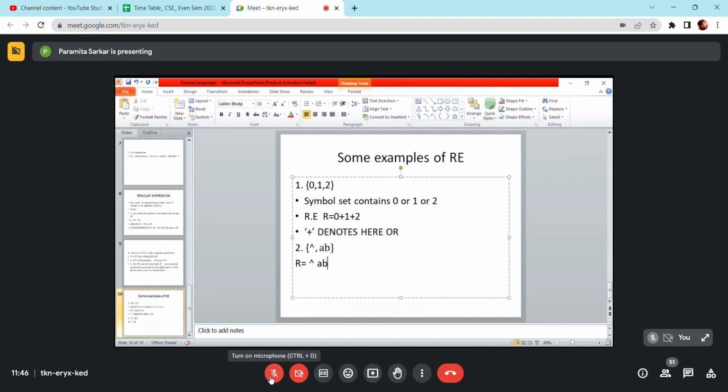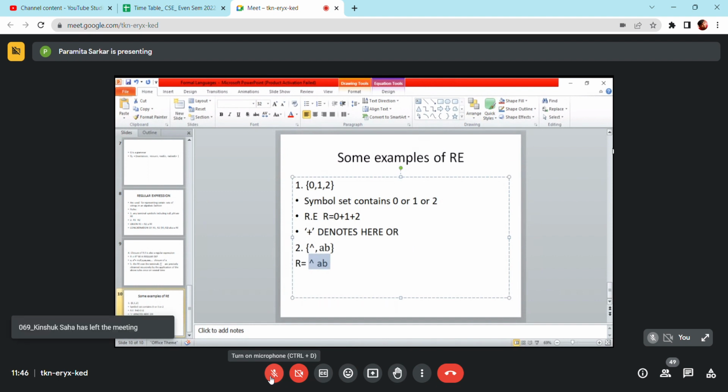So when we have the null symbol in the set, we cannot write the plus symbol for 'or'. In the previous example, there was no empty symbol or null symbol, so we could use the plus symbol to denote or. But when there is a null symbol, we can just write it like this, the concatenation of null and AB.